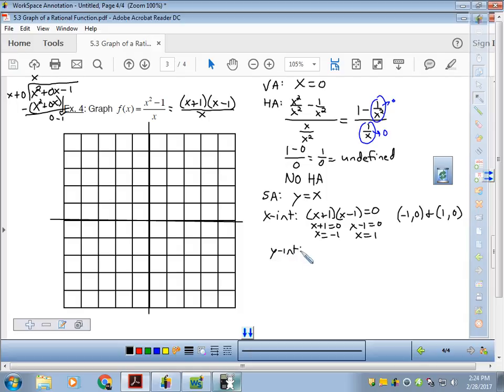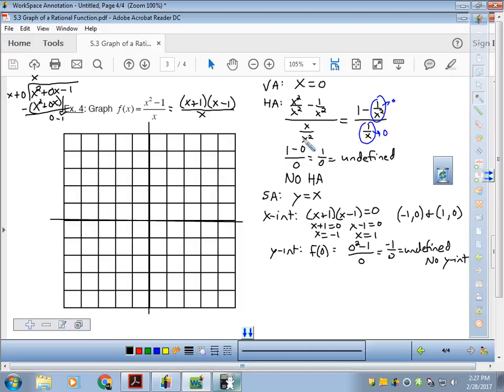Okay. Y-intercept. For the y-intercept you find f of 0. Well, if you plug in 0, you get 0 squared minus 1 over 0, which gives you negative 1 over 0, which is undefined. Since you get an undefined there, that tells you there is no y-intercept.